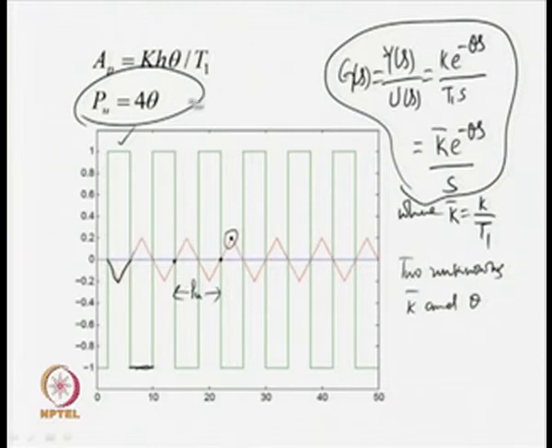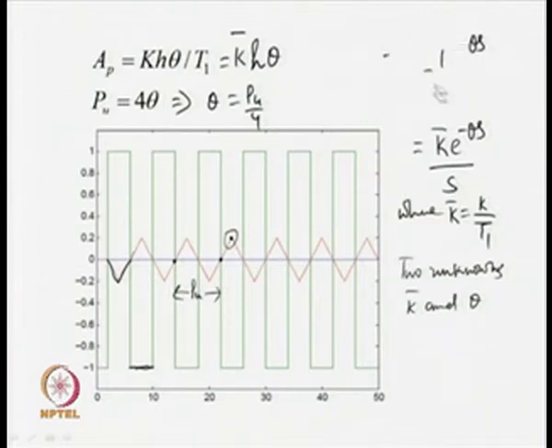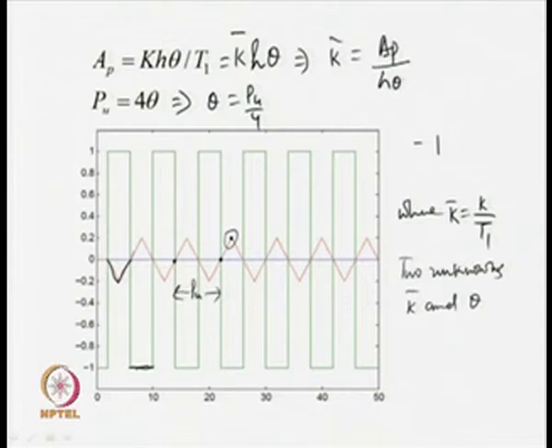How can I find those? Now, this is equal to k bar h theta, and this can be written as theta equal to Pu by 4, and the upper one can be written as k bar is equal to Ap by h theta.